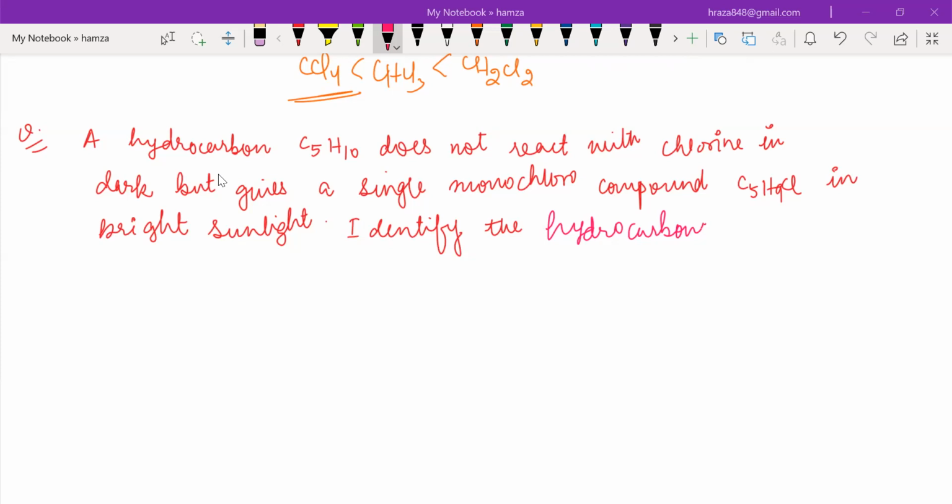Nafisa, can you do this? Yes, sir. The answer is C5H10 because it's an alkane. Because it's not an alkane. So what is it? It's a cycloalkane.